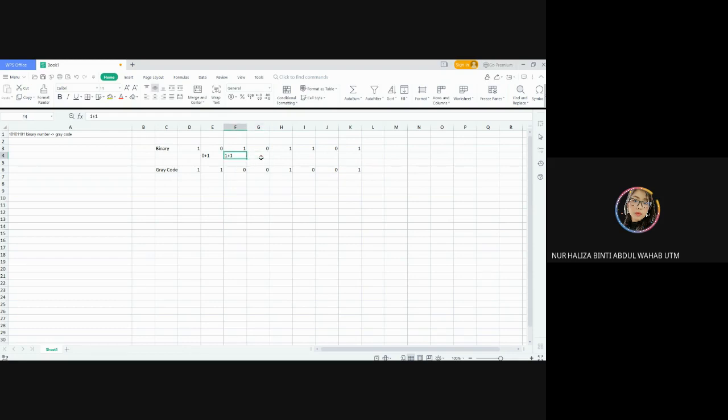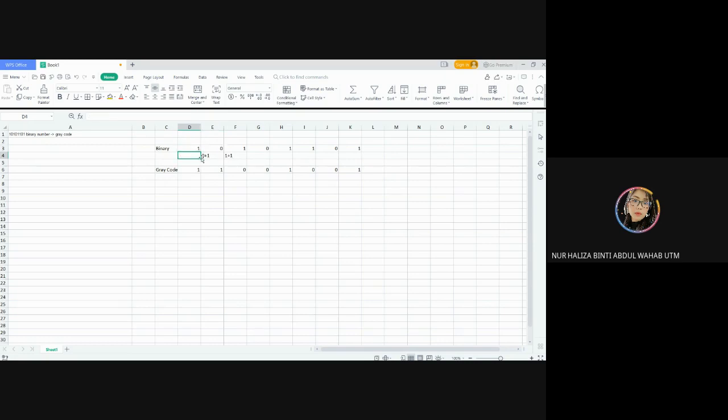But the question is binary to gray code, which is you need to add first 1 plus 0 and then 0 plus 1, you just add the binary number, not the gray code. Add left to the right, left to the right, left to the right. You add that number only.